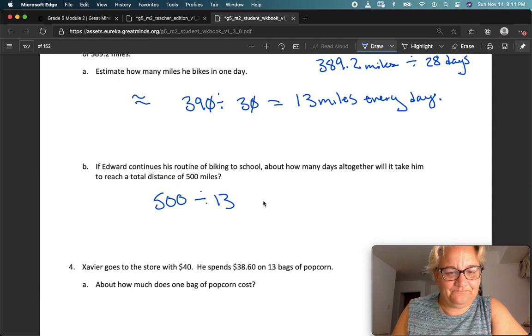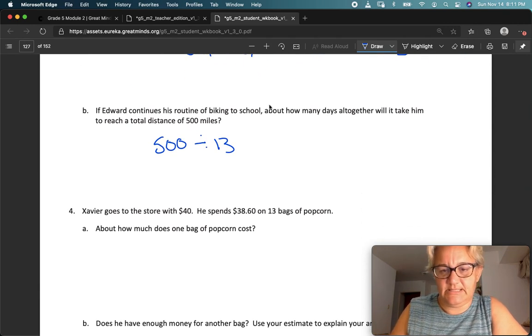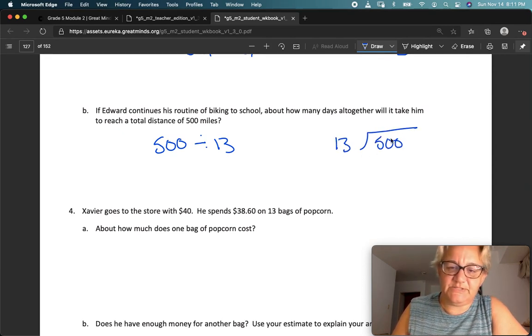And we can do that like this. 13 goes into 50 3 times. And I have 11 left over. Bring down the 0. 13 will go into 110.